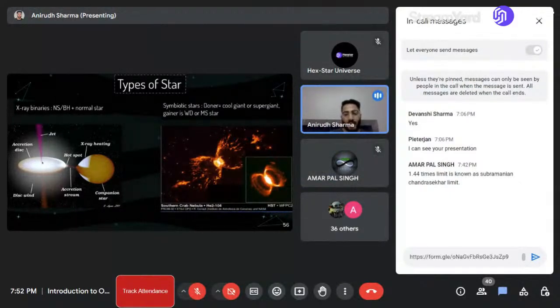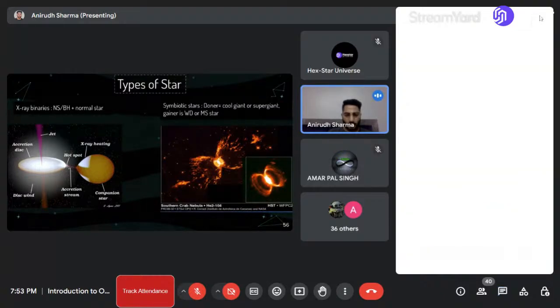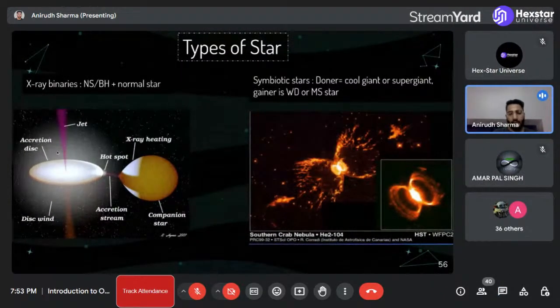So the black hole or the neutron star would have an accretion disk of its own material, plus if the normal star expands slightly or is in a region where the gravity can easily attract the material of the star, then you can see in this image or drawing, the star's material is being accreted by the black hole or the neutron star, and it starts to make its accretion disk.